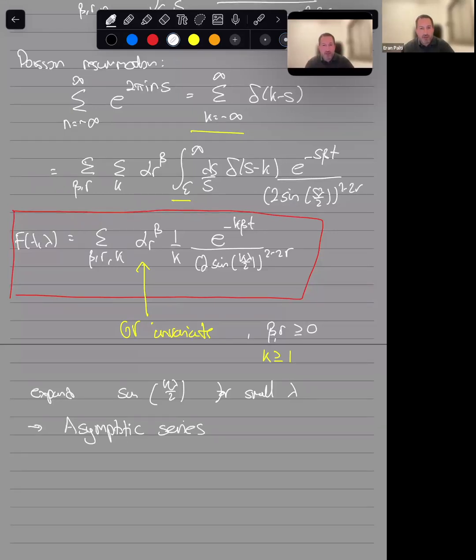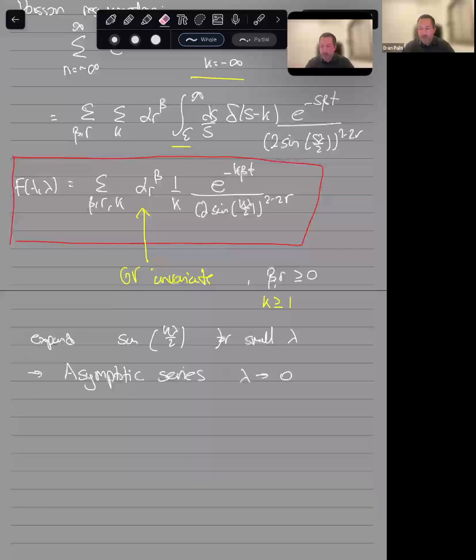We should really think of it as an asymptotic series as lambda goes to 0, term by term. This expression is a sum over terms that is not necessarily convergent.